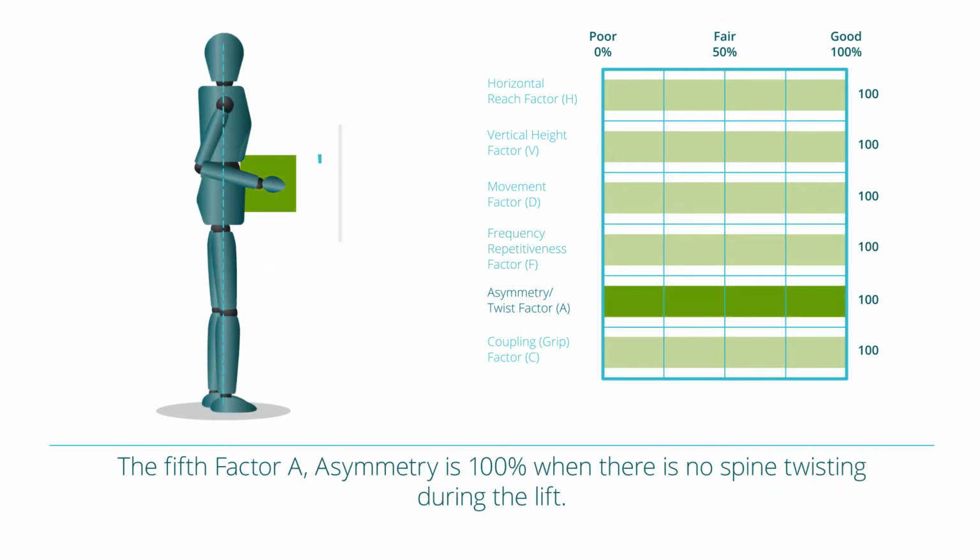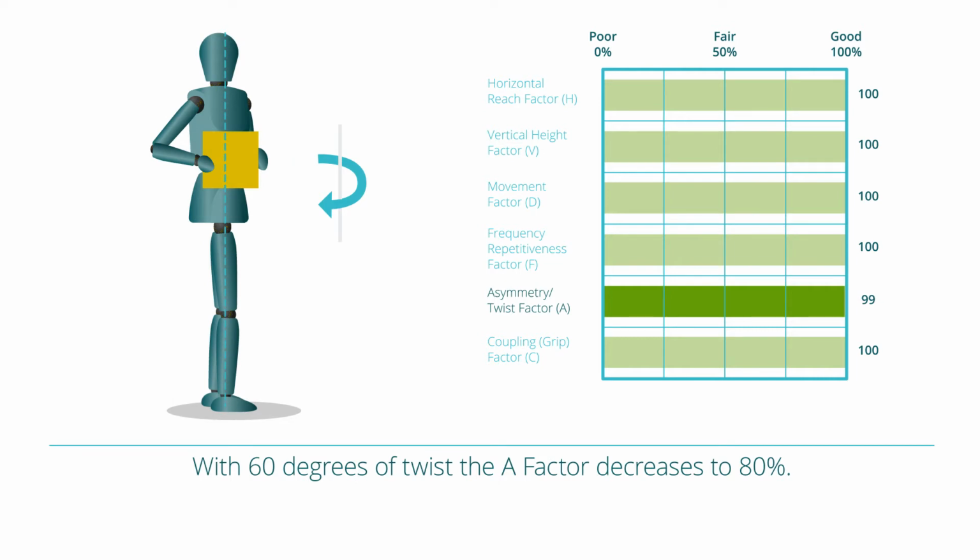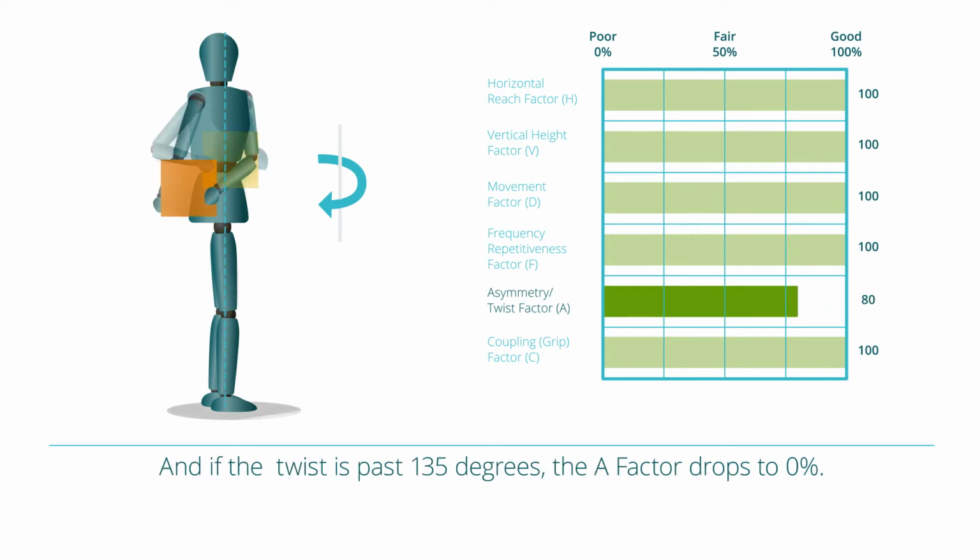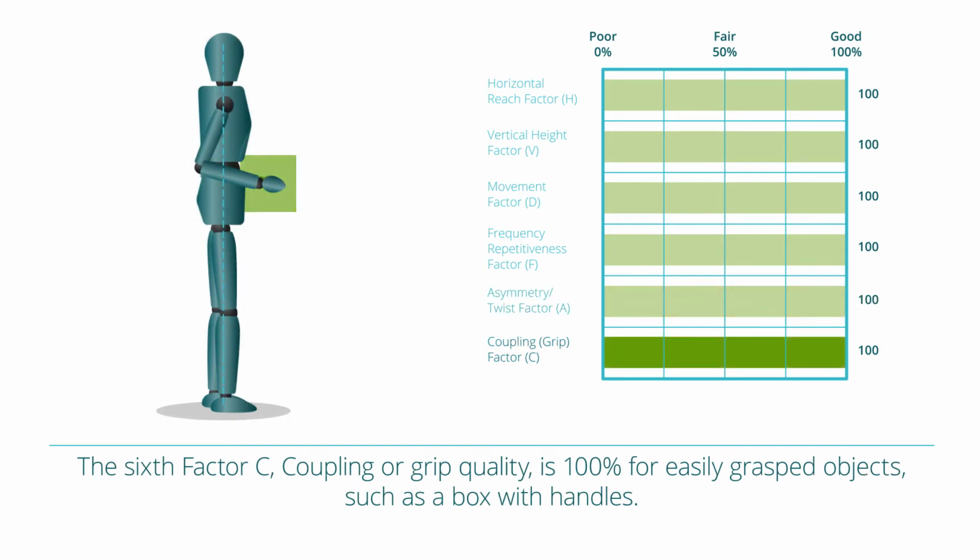The fifth factor, A, asymmetry, is 100% when there is no spine twisting during the lift. With 60 degrees of twist, the A factor decreases to 80%, and if the twist is past 135 degrees, the A factor drops to 0%. The sixth factor, C, coupling, or grip quality, is 100% for easily grasped objects, such as a box with handles.